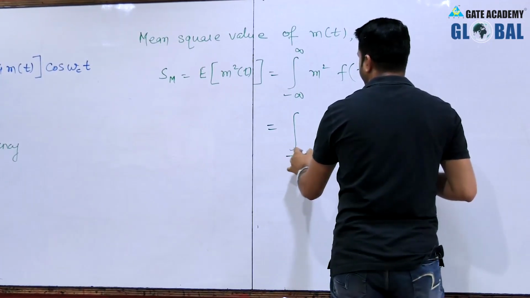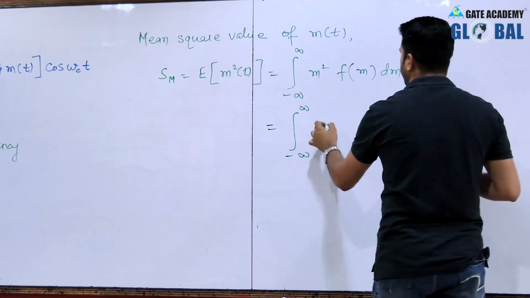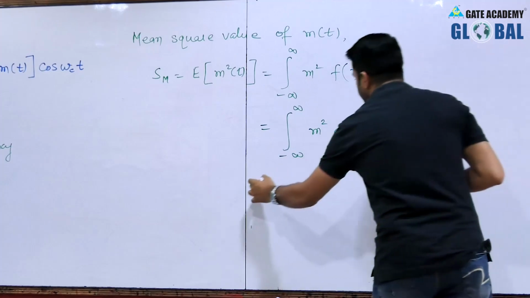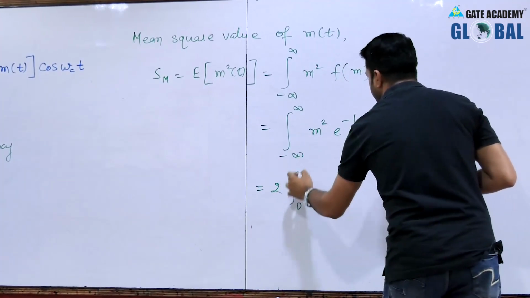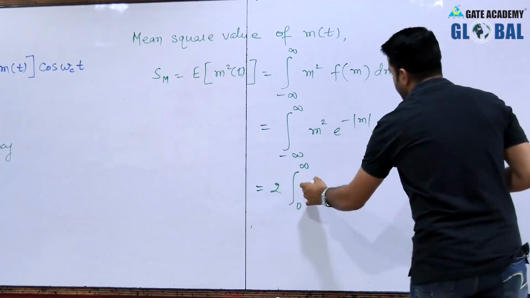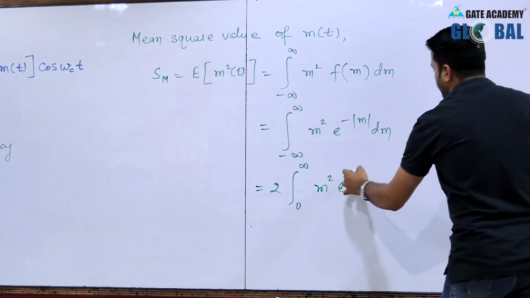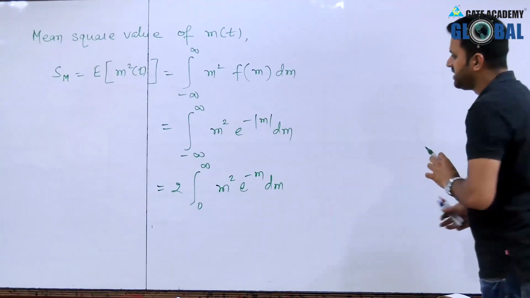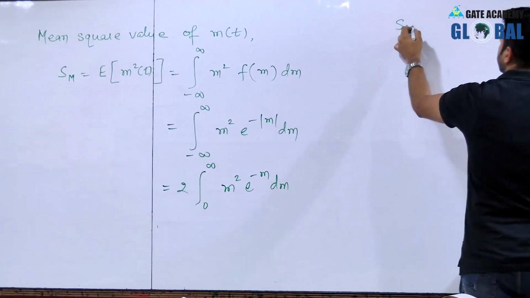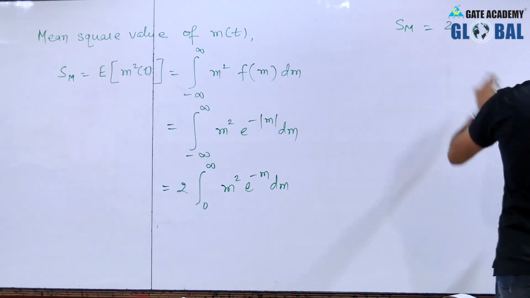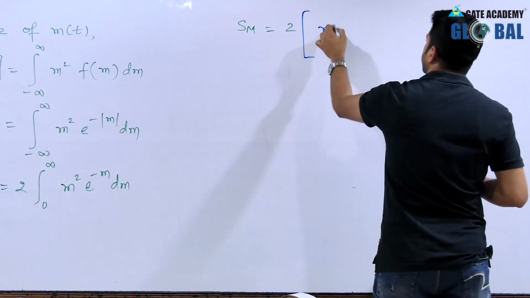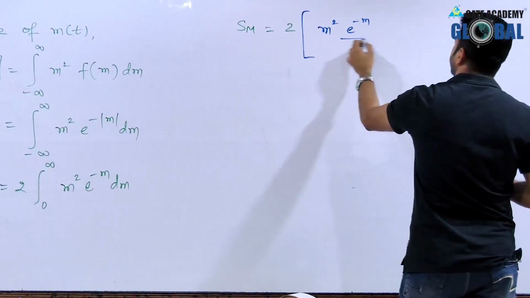Now, from minus infinity to infinity, this is m square e to the power minus mod m dm, or we can also write 2 times the integral from 0 to infinity, because this is an even function: m square e to the power minus m dm. Now we integrate this. Sm equals 2 times m square e to the power minus m divided by minus 1.